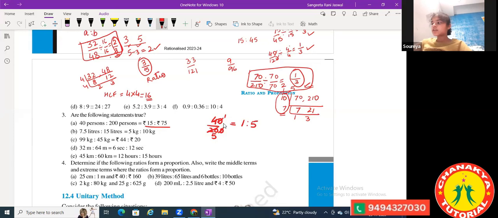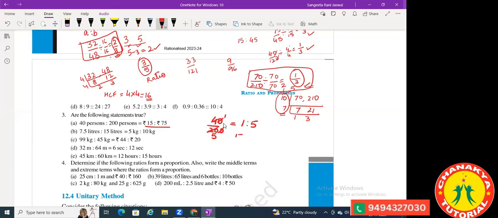One second. Be quick. What is the ratio here?